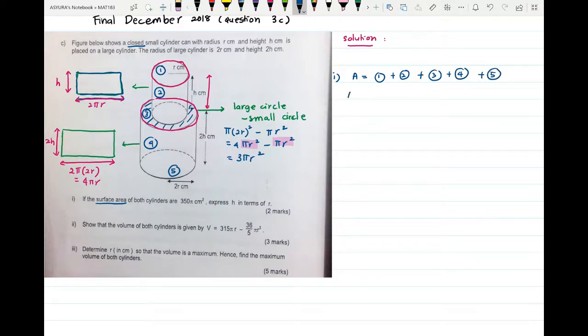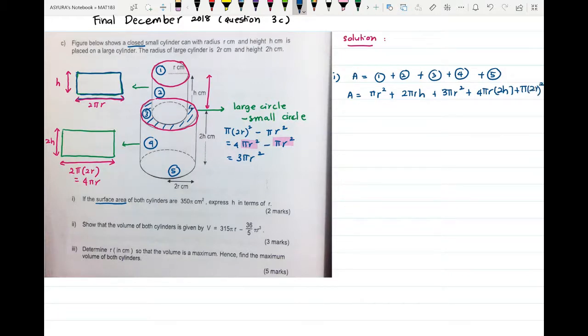So the area of your circle A1 is pi r square, plus number 2 we have 2 pi r h, plus number 3 we have 3 pi r square, plus number 4 we have 4 pi r times 2h, and number 5 we have pi times 2r square.